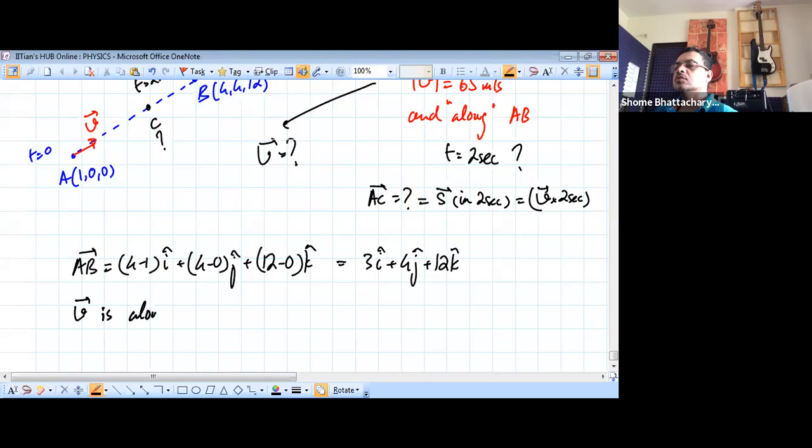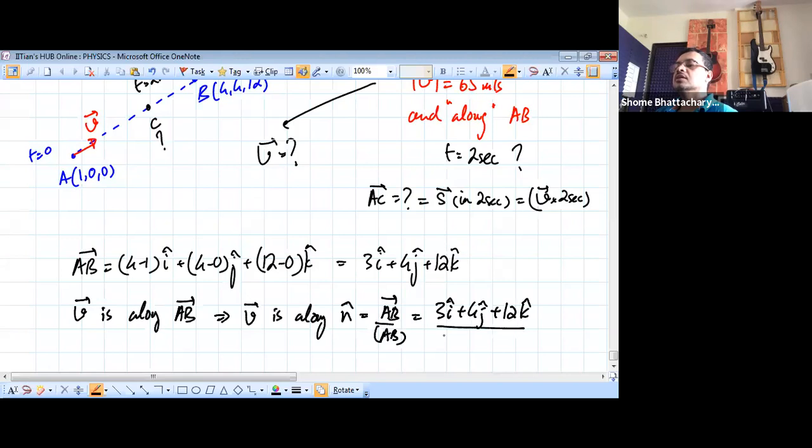So now velocity is along AB. So this means that velocity is along, let's say, a unit vector n cap, which is nothing but the vector AB divided by its own magnitude. So that is nothing but 3 i cap plus 4 j cap plus 12 k cap divided by mod of this. Okay, which you can see will work out to be 13, the mod.